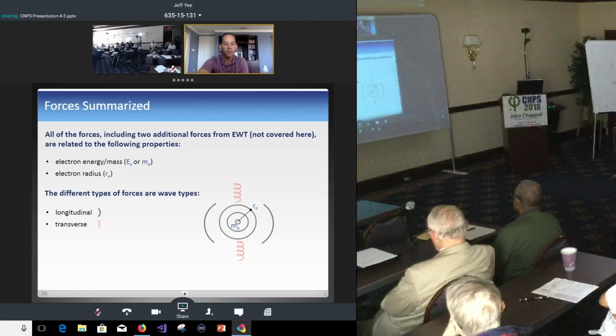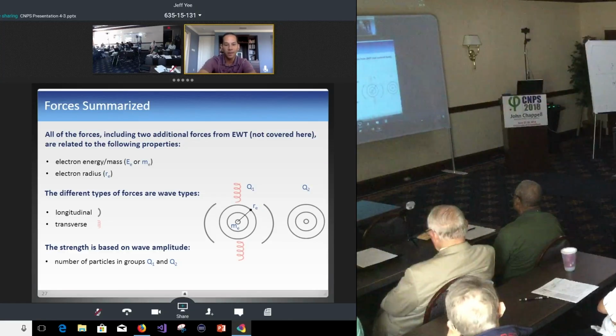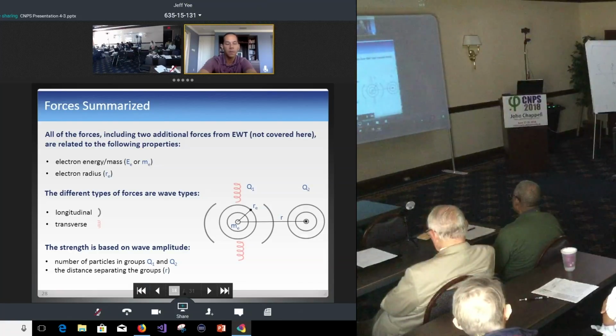But for forces, we had to add a few new variables. It's typically based not just on a single electron, but we do measurements based on multiple particles. So the particle count, capital Q instead of lowercase q, was added to the equations. That affects the wave amplitude, is constructive or destructive.